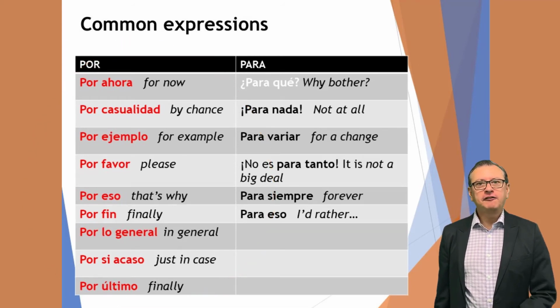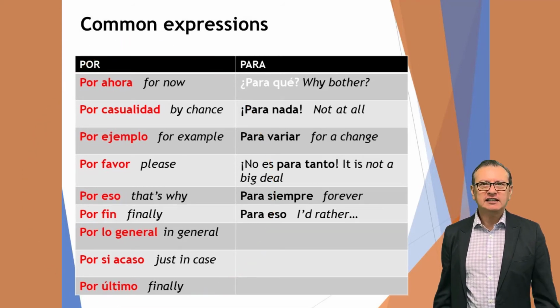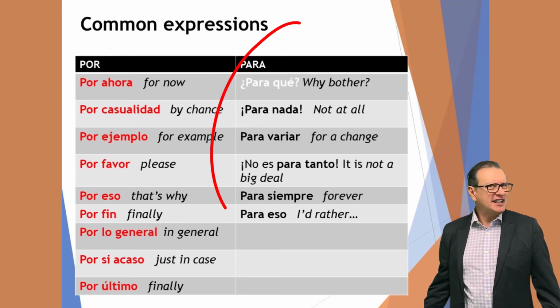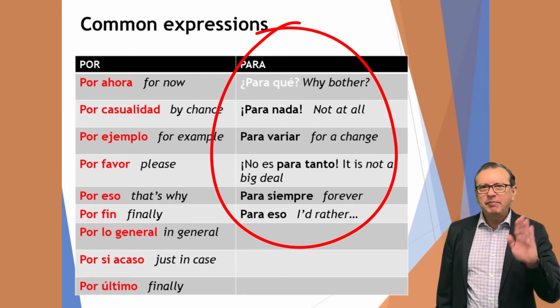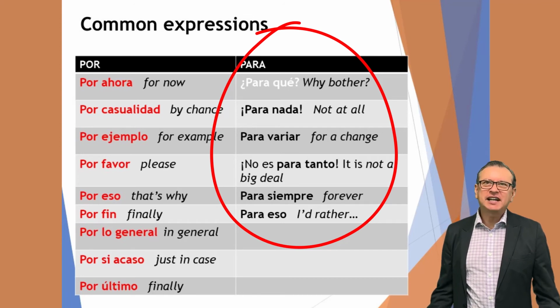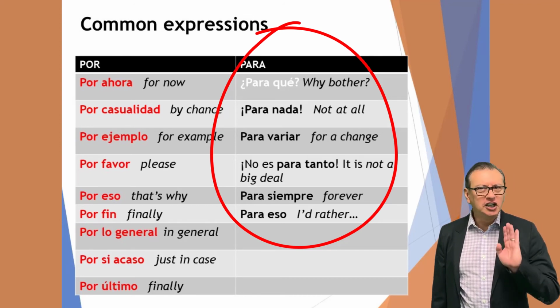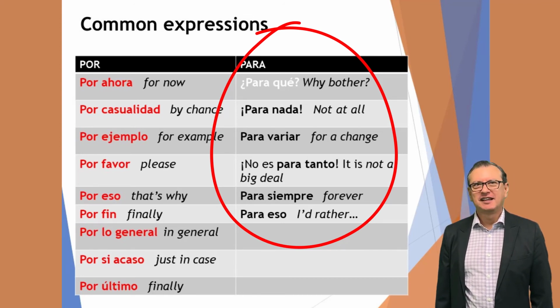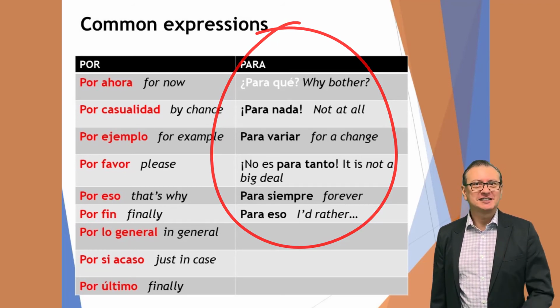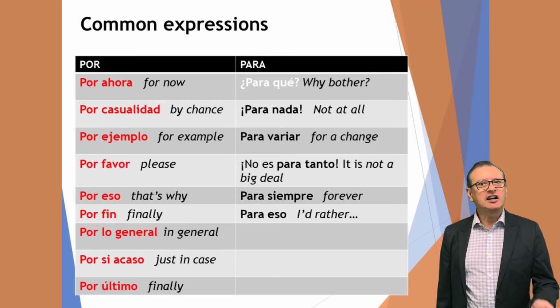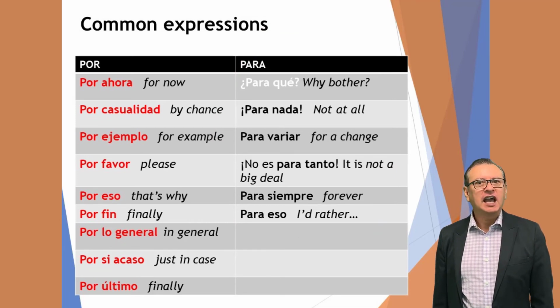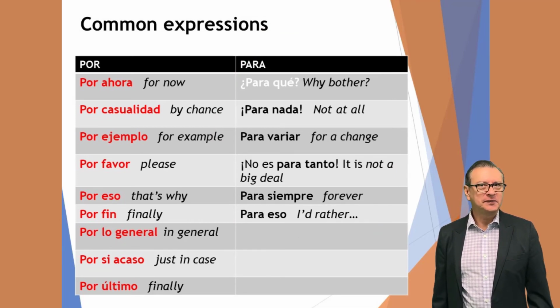Para has fewer expressions, yet they are common. ¿Para qué? Para nada. Para variar, oh, no es para tanto. Para siempre. Por eso, para eso. These are common expressions, and you will learn as you go.